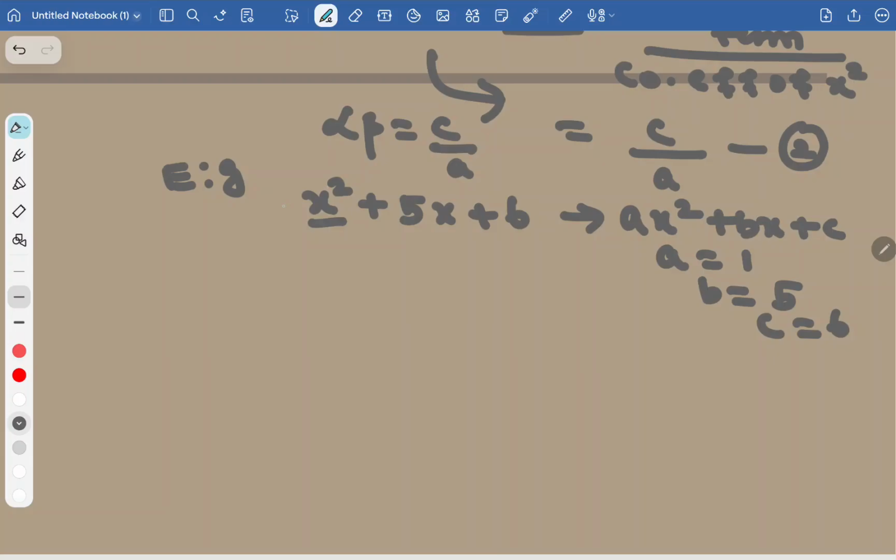Coefficient of x square is 1. 1 into 6, 6x square. Prime factorize 6. We get 2, 3, 3, 1.